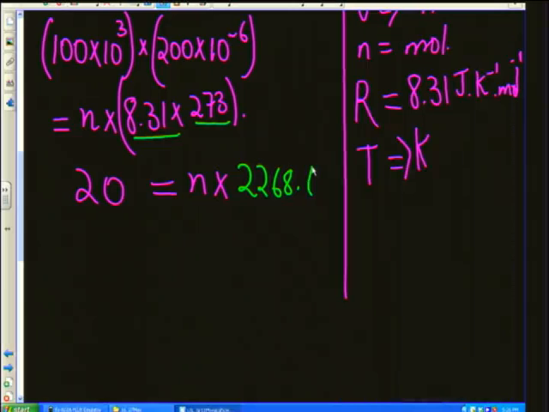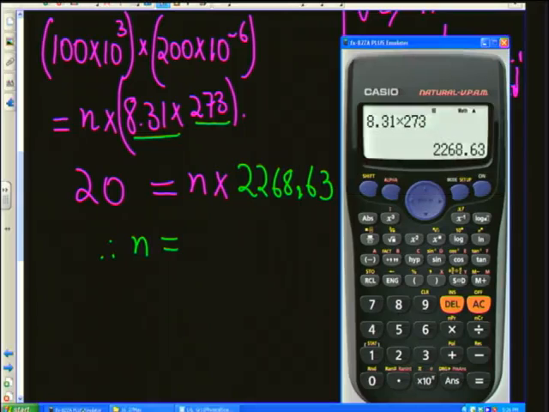Now, the number of moles equals 20 divided by 2268.63. And what is that?